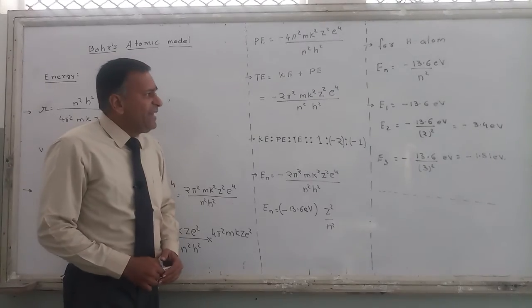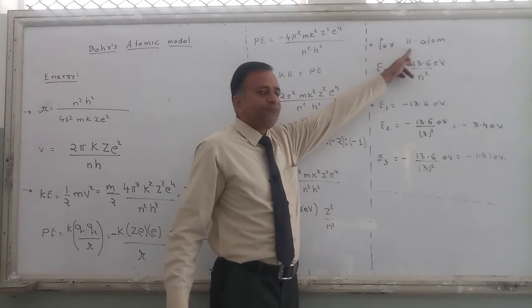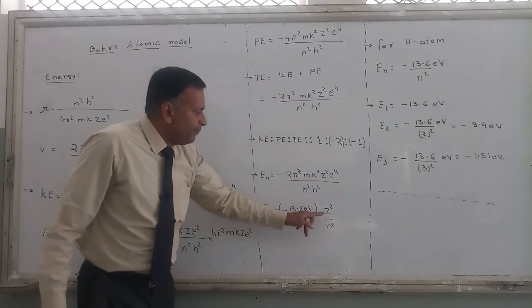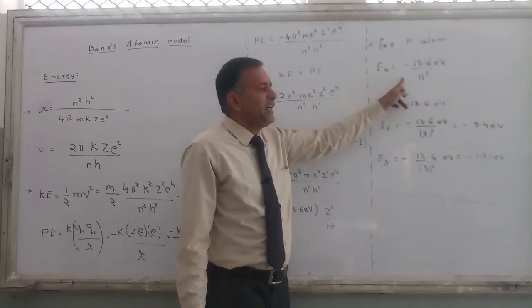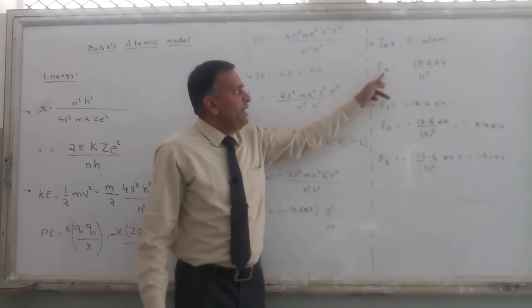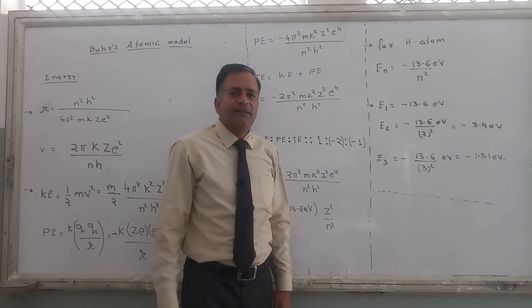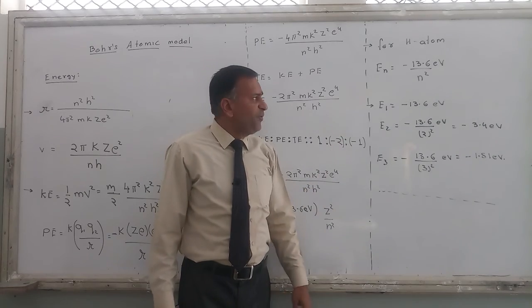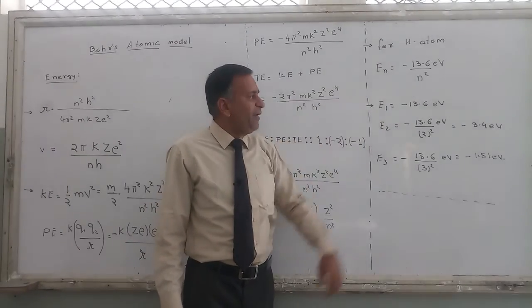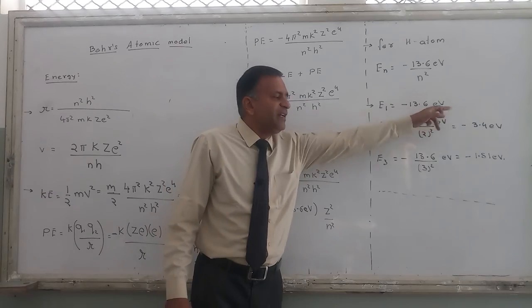Now, special case for hydrogen atom. For hydrogen atom, put Z is equal to 1, and this is what you get. Energy of electron in hydrogen atom in the nth orbit is given by this. So if in hydrogen atom electron is in the first orbit, n will be equal to 1, energy is minus 13.6 electron volt.